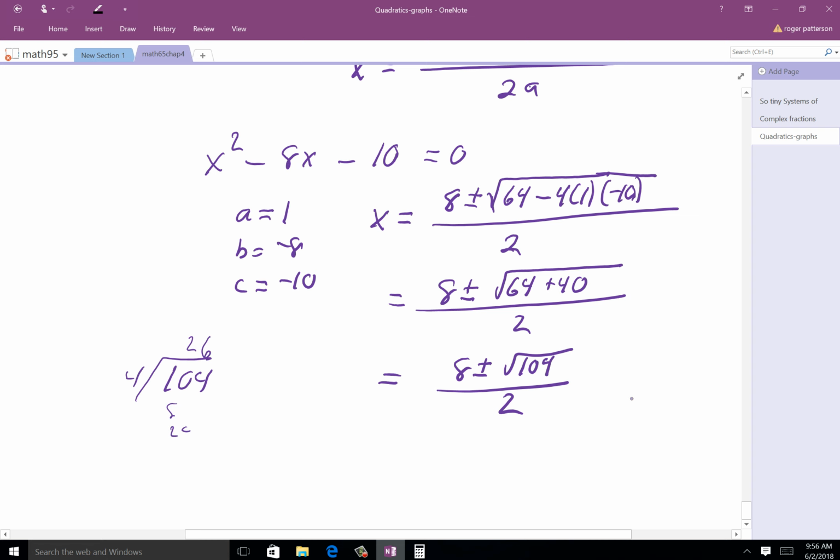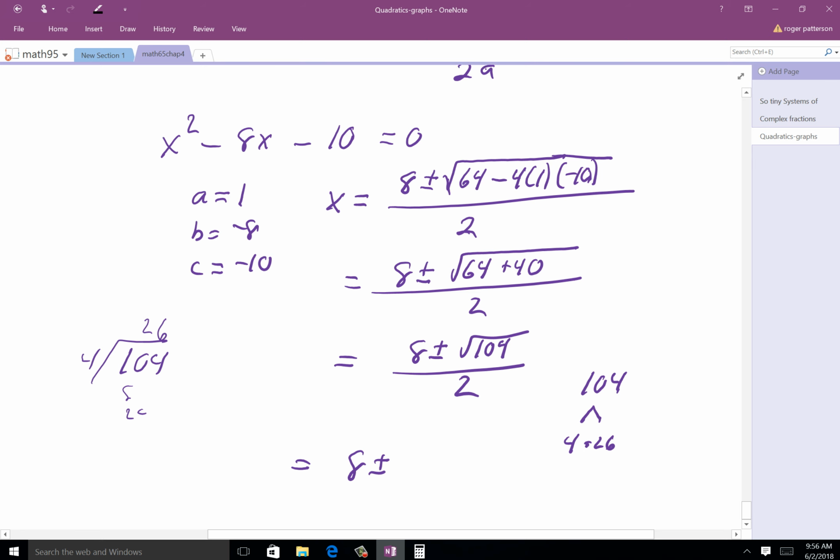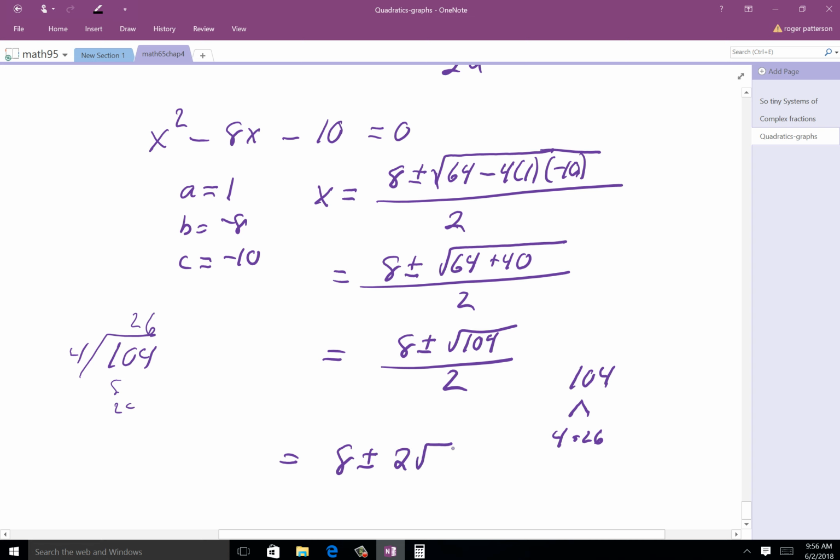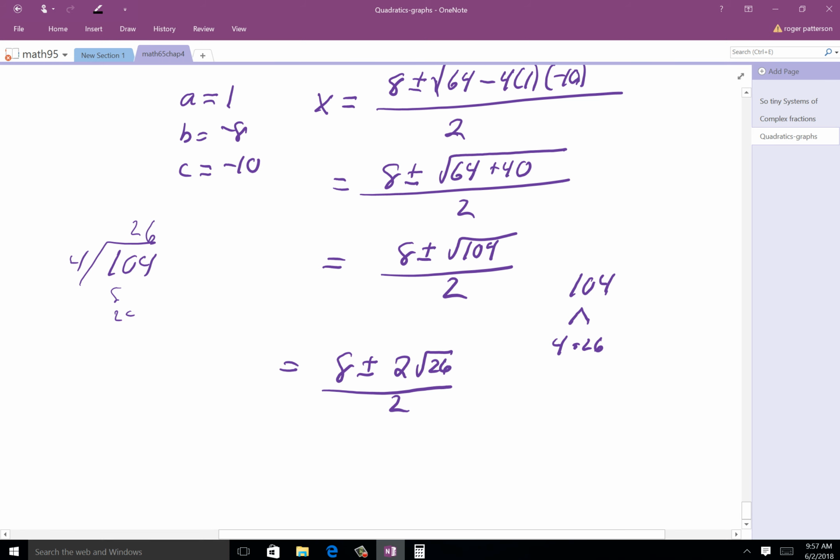So I can break down 104 into 4 and 26, which means 2 times the square root of 26 over 2. Square root of 4 is 2. 26 stays because I can't do anything with it.